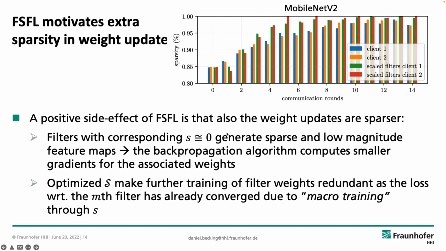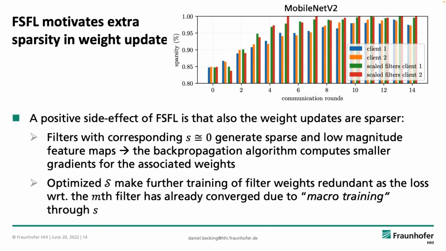And we think that this comes from the gradients associated to sparse feature maps, which are sparse due to the scaling factors. And also that the filters may have converged due to the macro training through the scaling factor, which means they don't change much because the scaling factor did the job already.